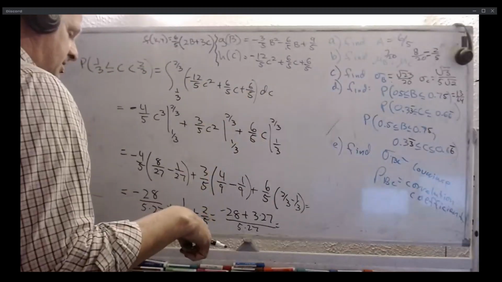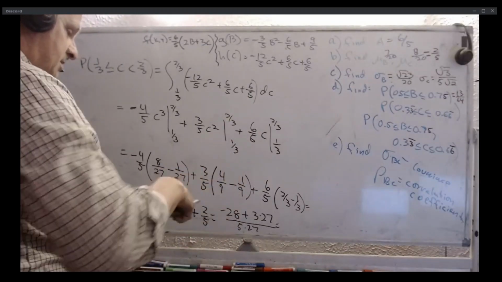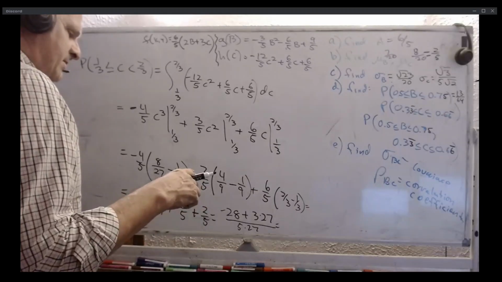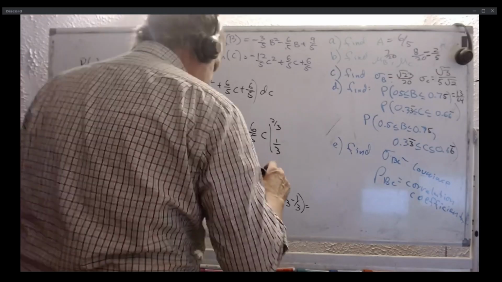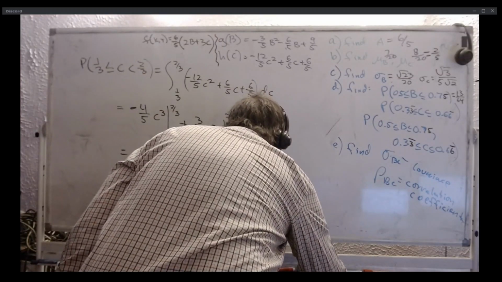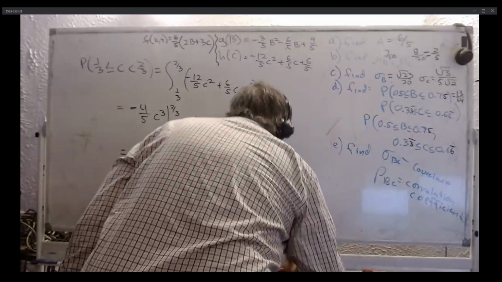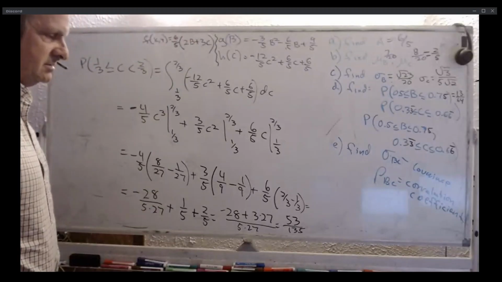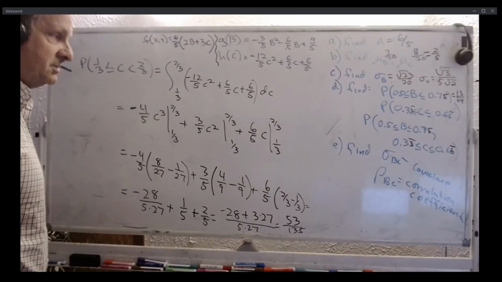81 minus 28. 81 minus 28. 53 out of 135? Yep. Well, isn't that fairly close to 2/5?